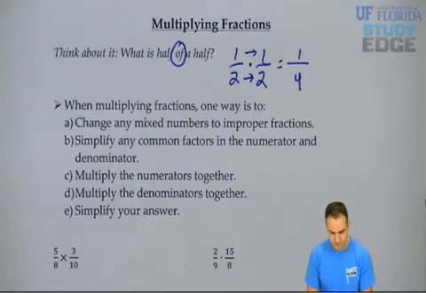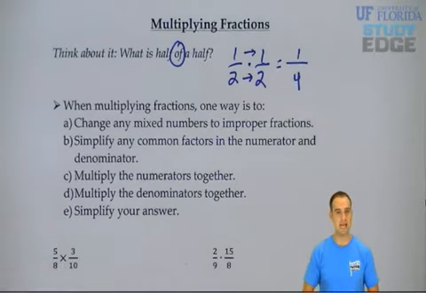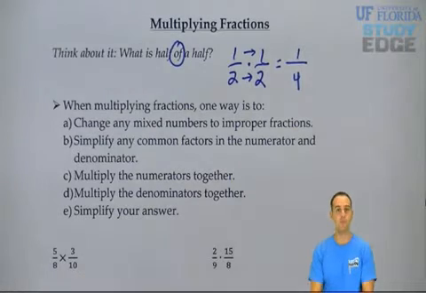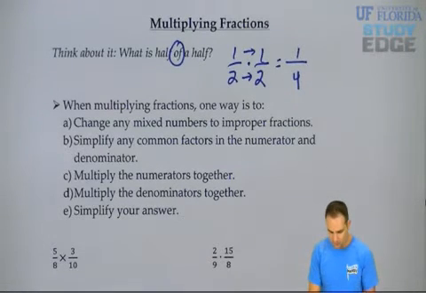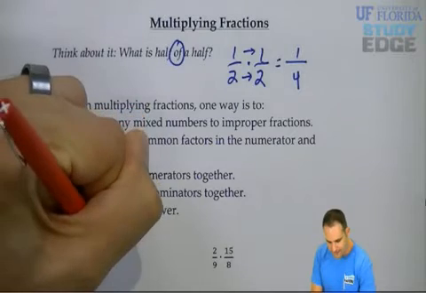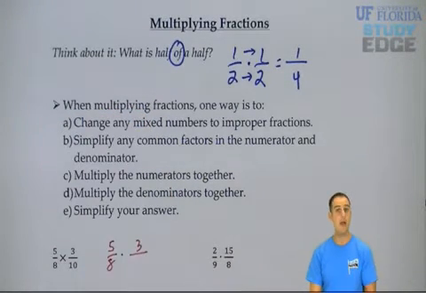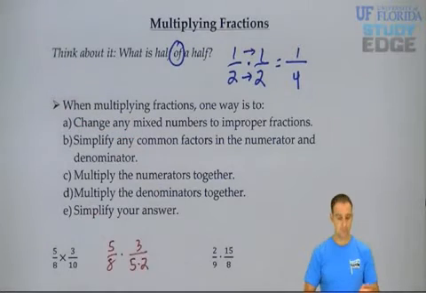So here we go. We have 5/8 times 3/10. First of all, there are no mixed numbers. They're already in fraction form. Any common factors in the numerator and the denominator? Well, let's see. I have 5 divided by 8 times 3 divided by 10. But 10 I can rewrite as 5 times 2.